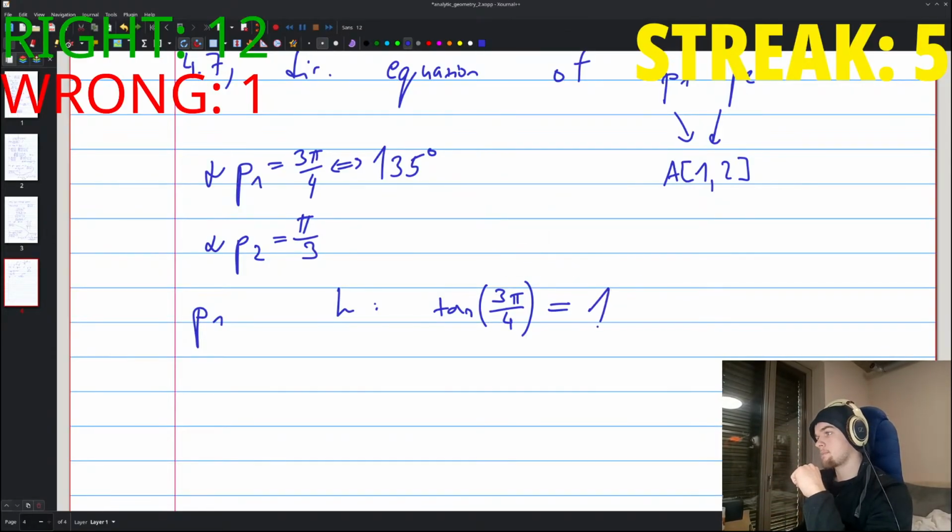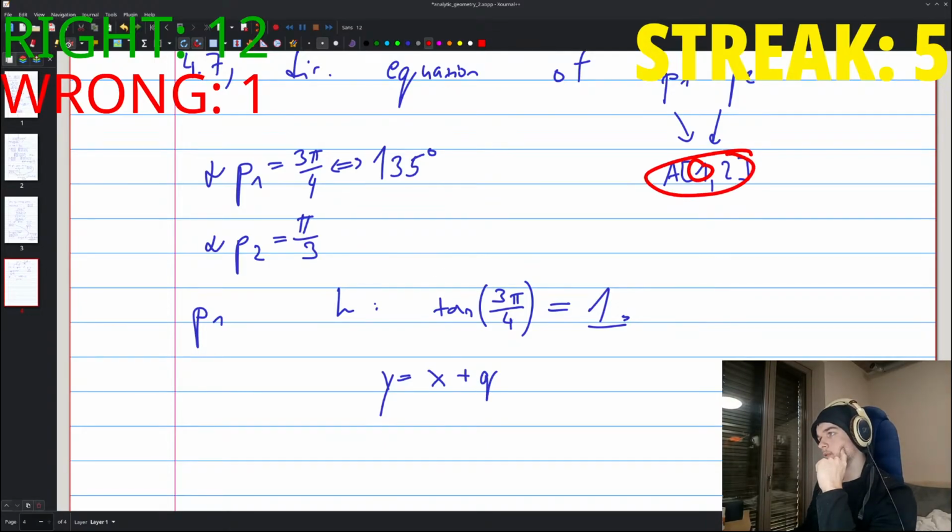So that's k. So we now have that y is equal to kx plus q. And I wonder if now I input the x and y values here, it actually spits out q?